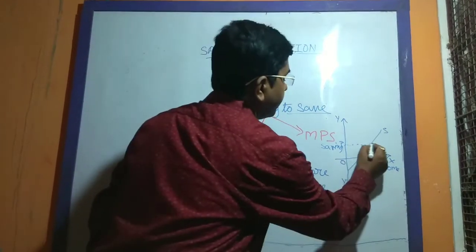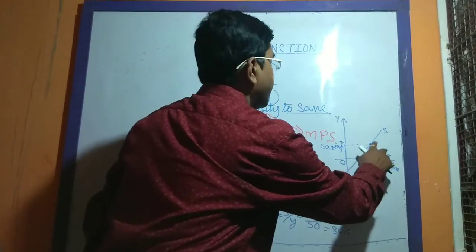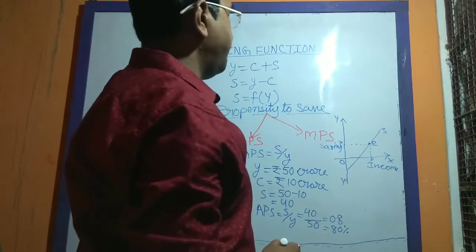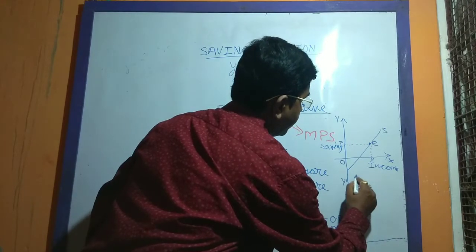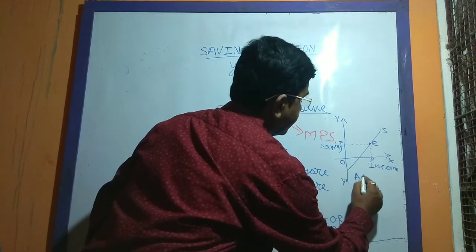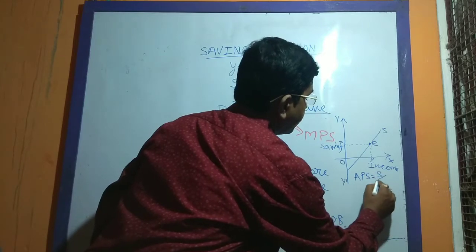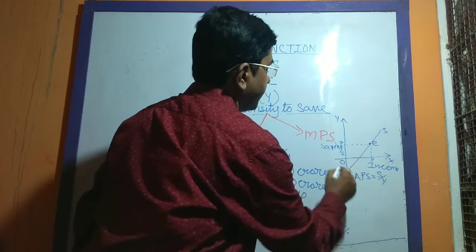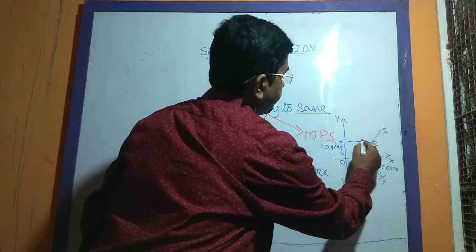At this point E, average propensity to save will be S by Y. This is saving and this is income.